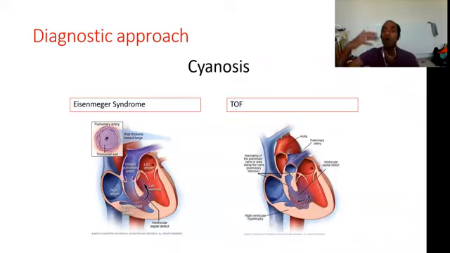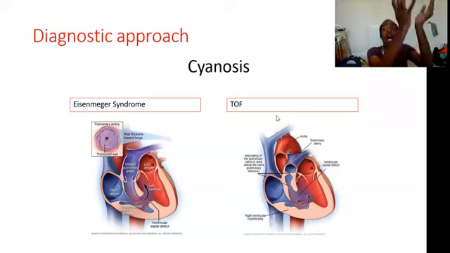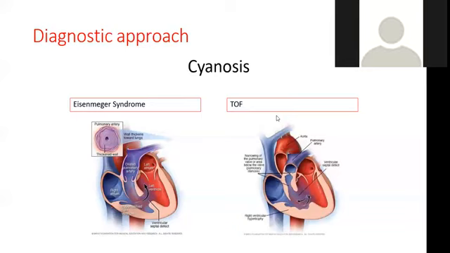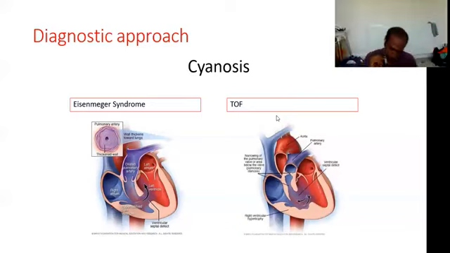But with time, the pulmonary pressure starts building up, and the right heart pressure goes up, and the shunt starts reversing. Starts going from right to left. And now you get a mixture of oxygenated blood with the deoxygenated blood. So cyanosis occurs. So one important cause of cyanosis in adult medicine is Eisenmenger syndrome, where there is reversal of a shunt.